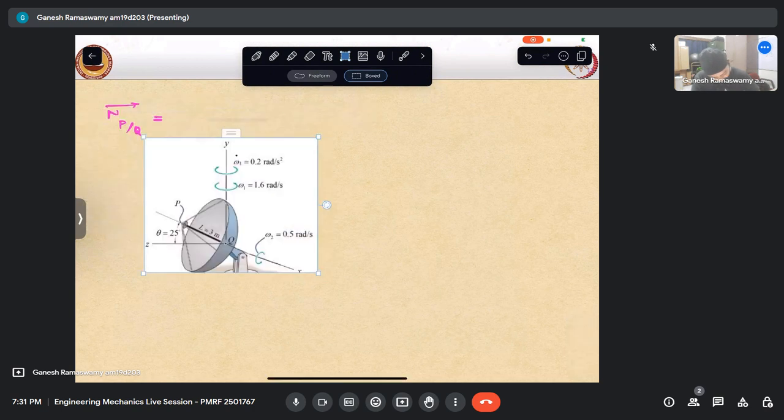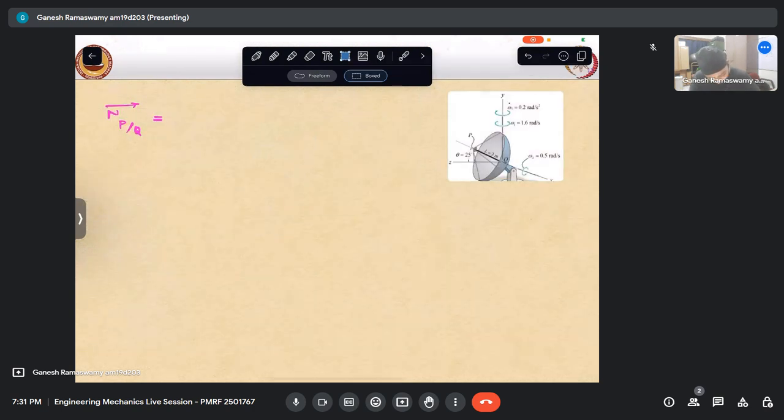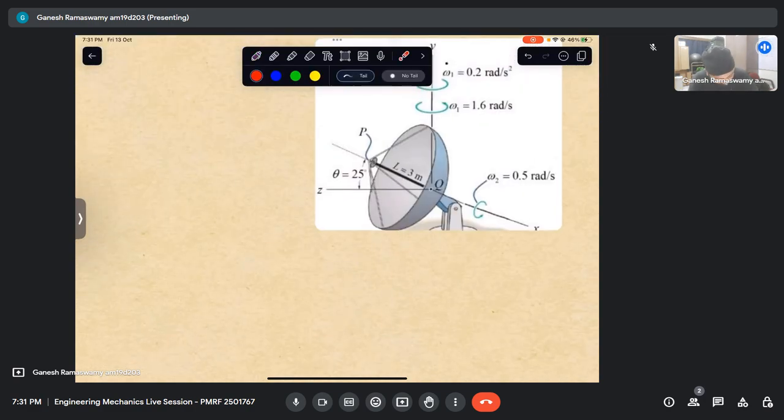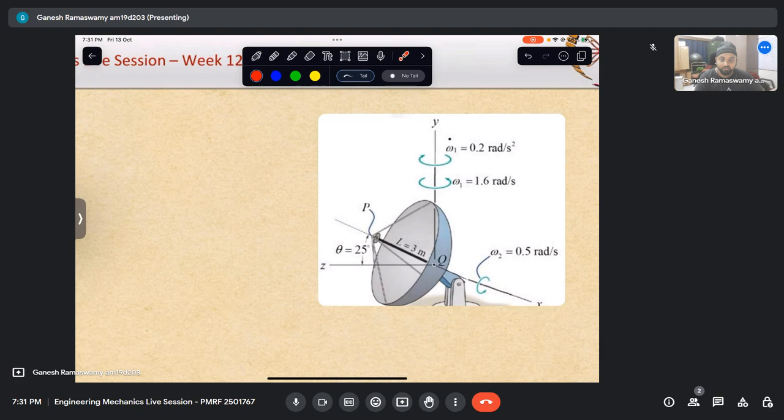Point P will be made up of vectors like that: one along K and one along Y, that is J. Its length is 3 meters.